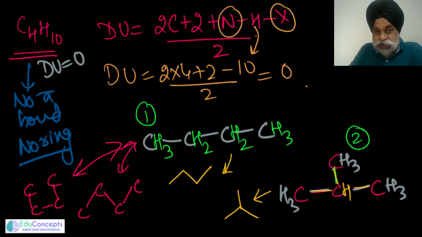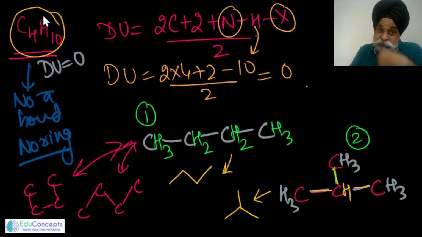Is it okay? So C4H10 would be available in 2 forms, and soon we would understand the naming of these 2 compounds. Here we are not explaining the naming. I am just making you feel that C4H10 is having, in the previous class we found how many covalent bonds it can have. Now if you didn't understand the last lecture, this lecture in itself would endorse that one.